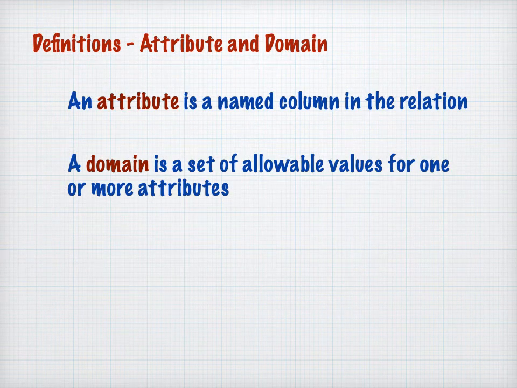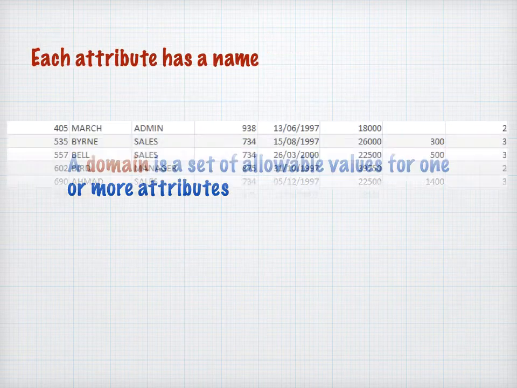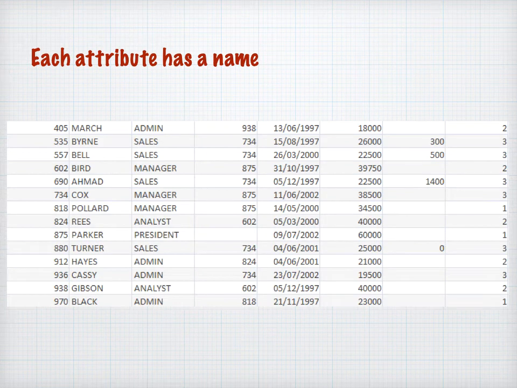So an attribute is a named column in the relation, and a domain is a set of allowable values. What does that actually translate into? Well, if we go back to the table, what it's saying to us is that each column should have a unique name.